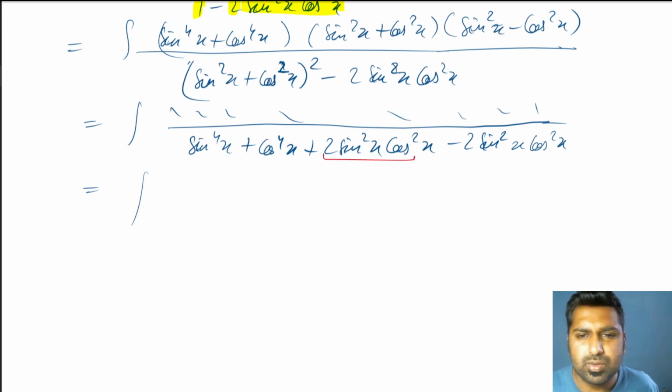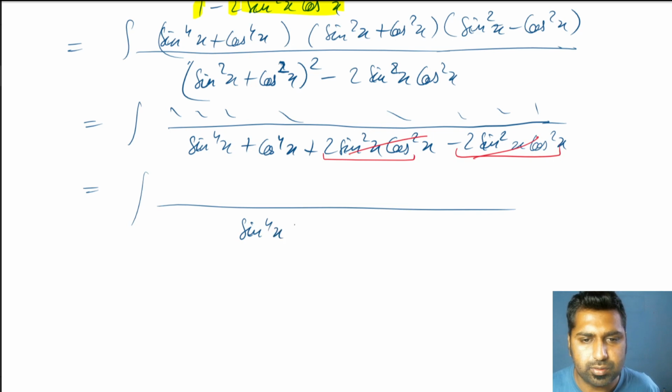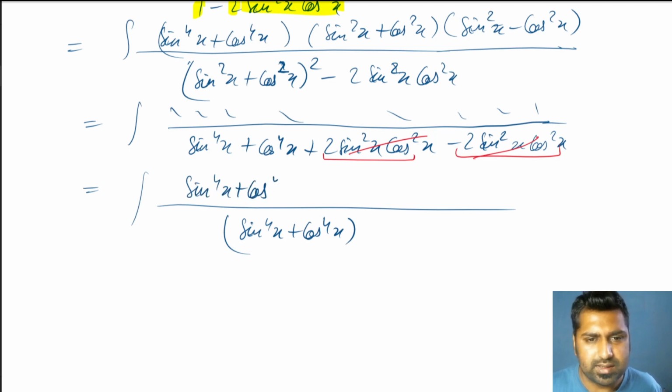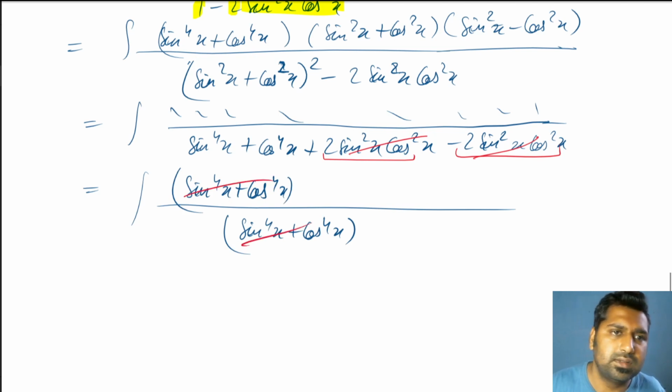If we look at these two terms, 2 sine square cos square, positive and negative, they cancel. So now the denominator becomes simple: sine raised to power 4 x cos raised to power 4 x, and this is the kind of term that is already present in the numerator too. So yes, it's a benefit because it's going to cancel. What else do we have? Sine square plus cos square. We know what this is. What is sine square plus cos square? 1.